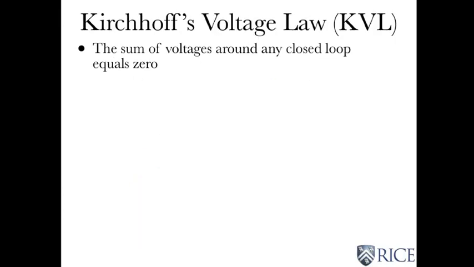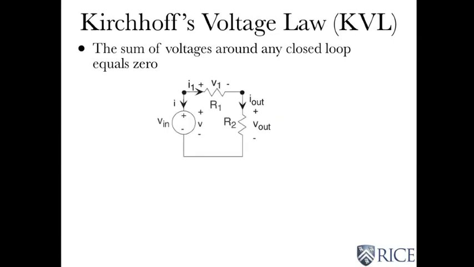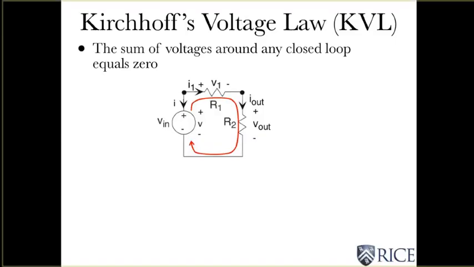So Kirchhoff's voltage law is that the sum of voltages around any closed loop in a circuit must add up to 0. So here's our circuit, and we have 3 voltages here that are defined, and what we're going to do is go around a little loop. The way you do that is, if we define we're going around the loop clockwise, that's what the graphic says, we're going to take the voltage signs according to if it goes plus to minus.